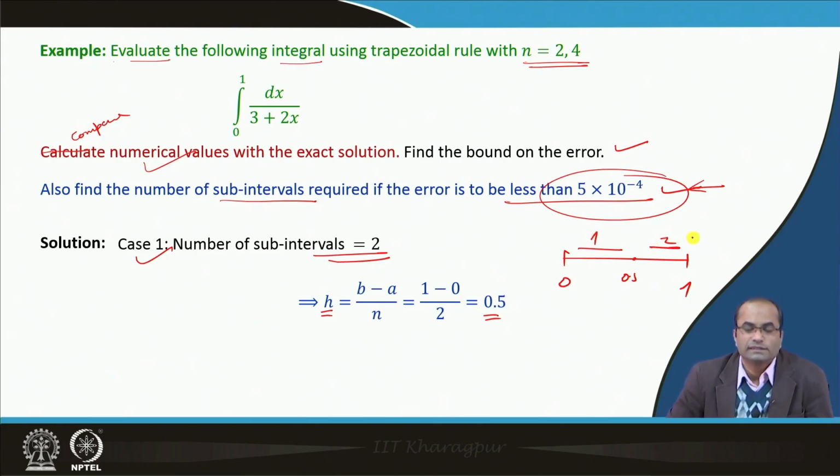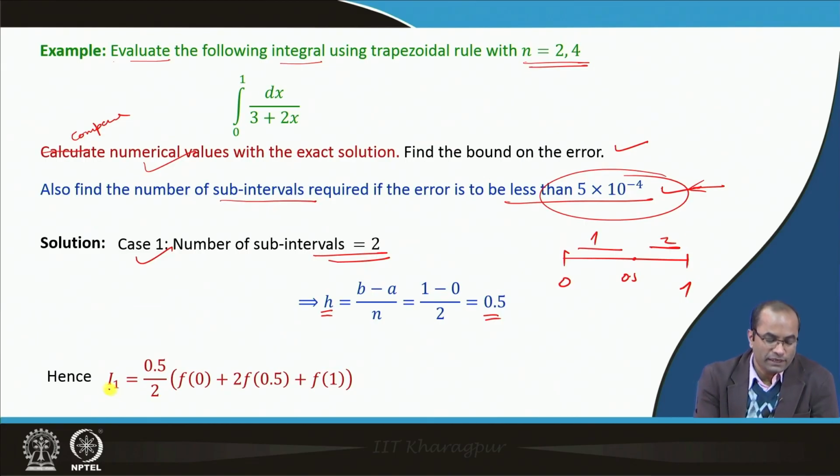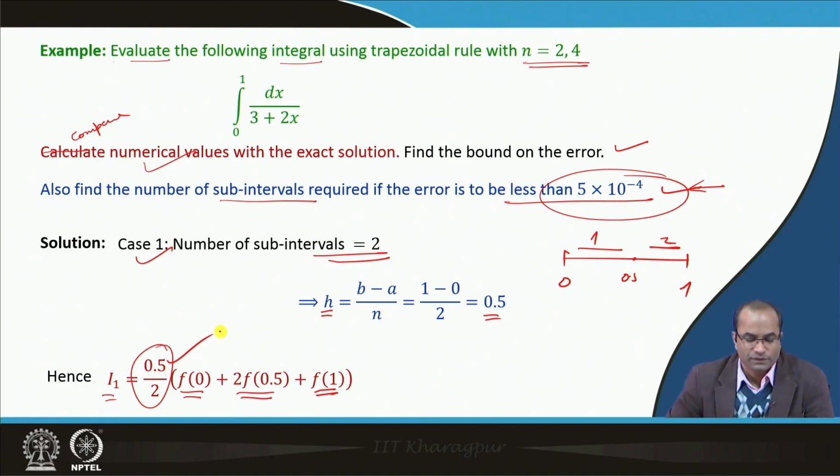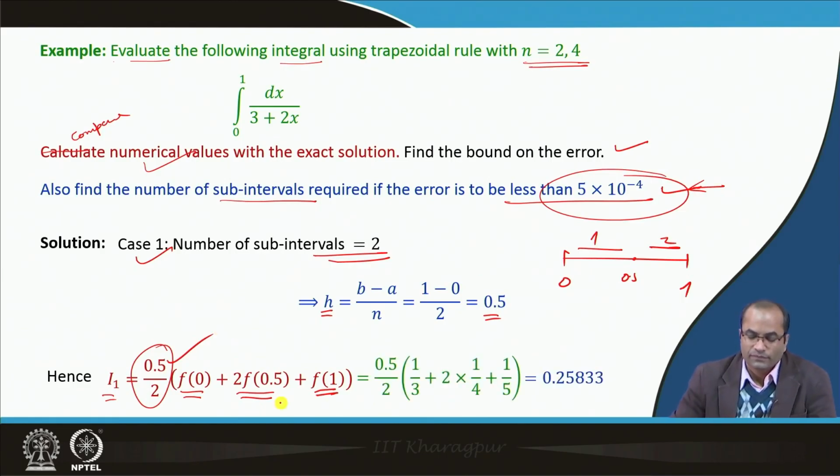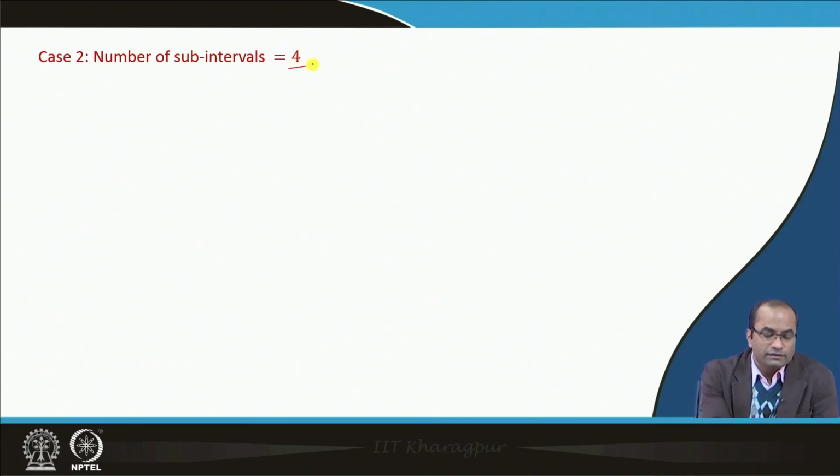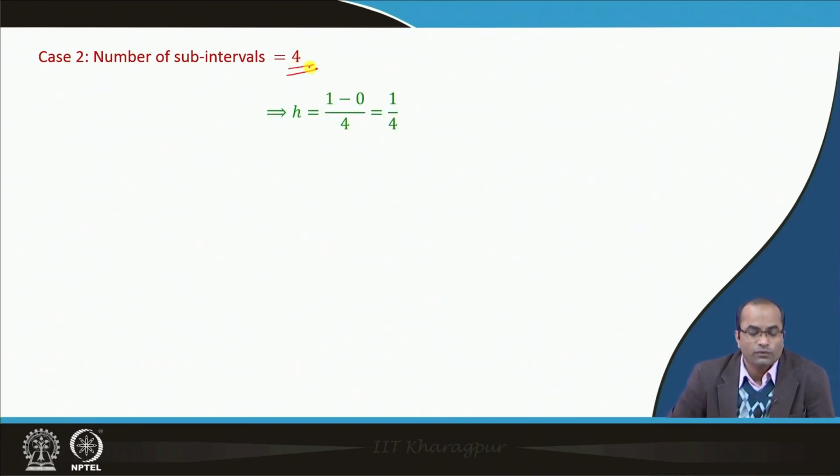In that case h is 0.5, and then we can apply the trapezoidal rule: f0, 2 times the internal point, plus f1, and then h by 2, where h is 0.5. This can be evaluated and we will get the value 0.25833.